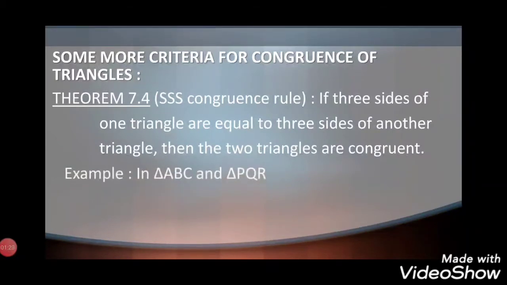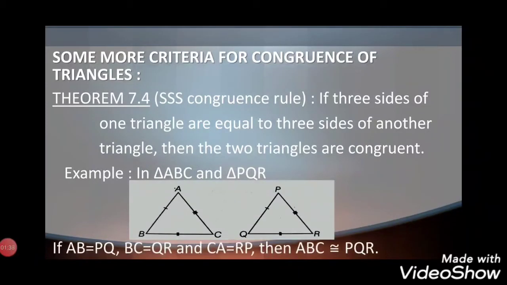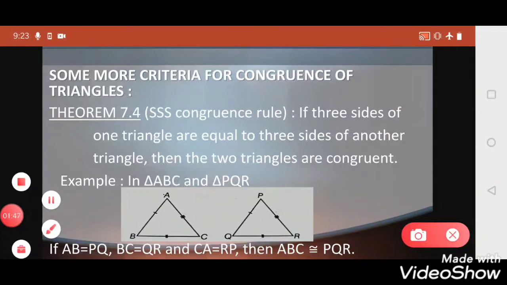For example, in the figure, two triangles ABC and PQR are given. If AB equal to PQ, BC equal to QR, and CA equal to RP, then triangle ABC is congruent to triangle PQR.